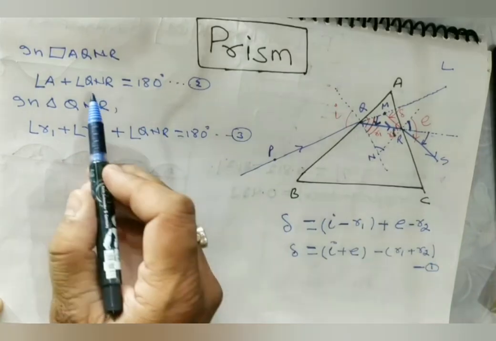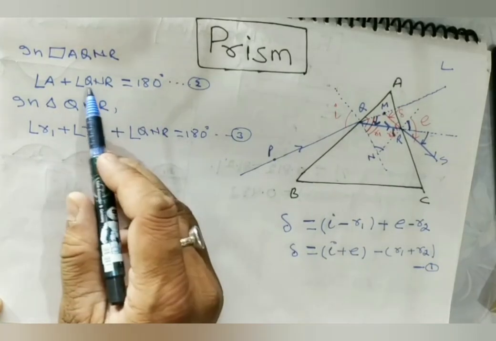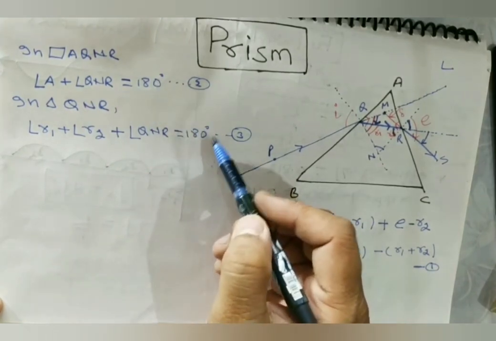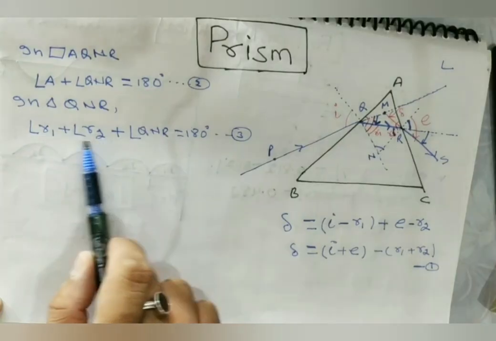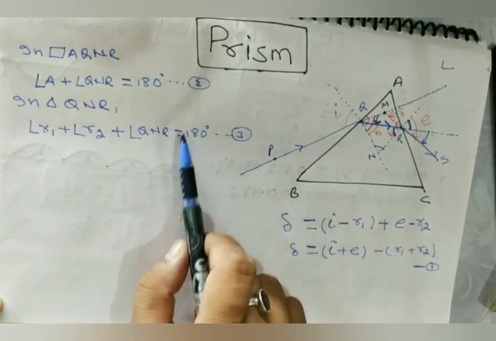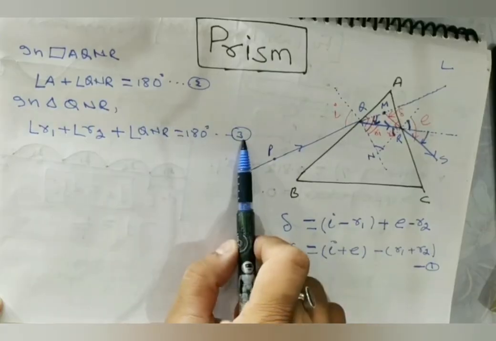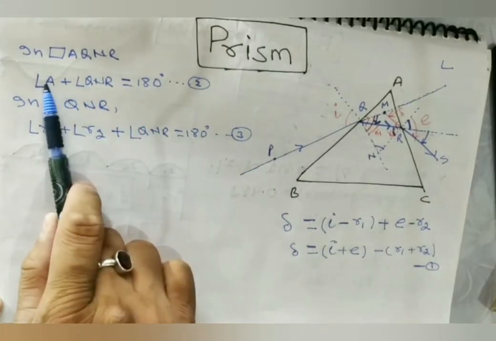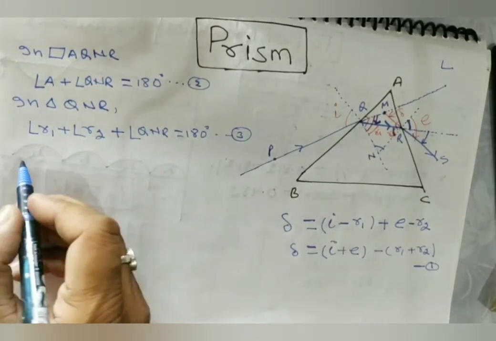Now see, angle QR is in equations 2 and 3, and on the right hand side there is 180 degrees in both, and this angle is common. So angle A must be equal to angle R1 plus R2.